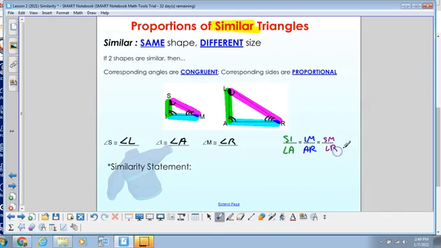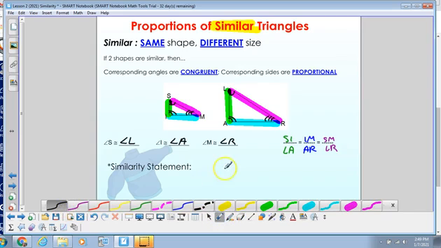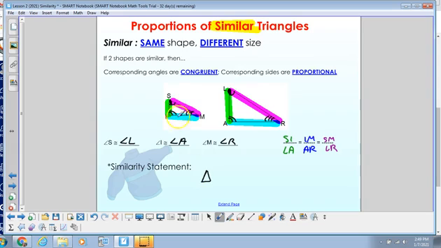And we also have the similarity statement. Just like with congruent triangles, the order that you write them tells a lot about our similar figures. So in this one, we could name the first triangle any way we wanted. I'm going to name it SIM. So the order that we write the first one determines what order we have to write the second. So triangle SIM, here's our symbol for similar. It looks like a little squiggle, it's a tilde.